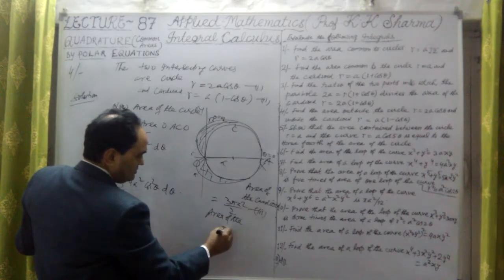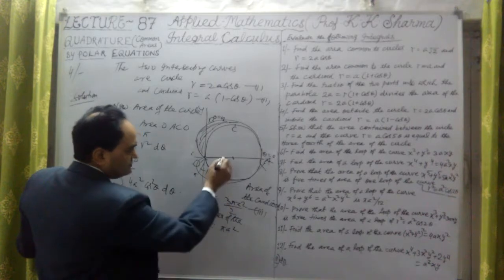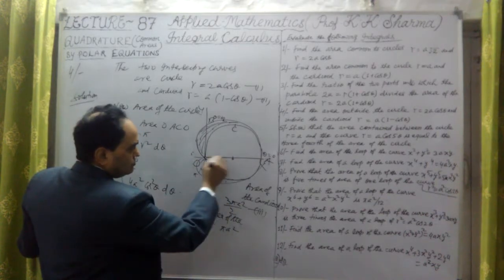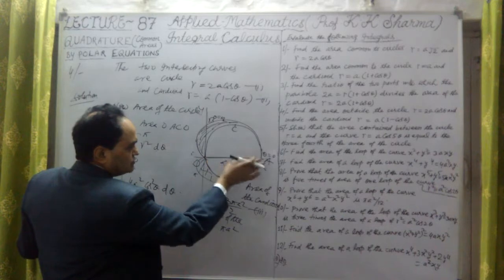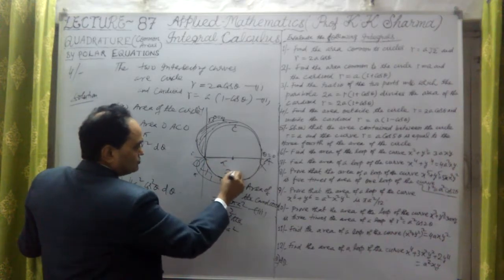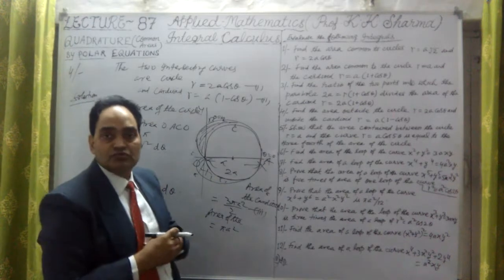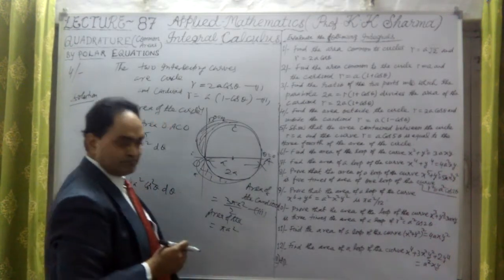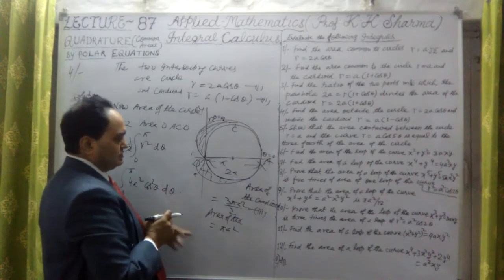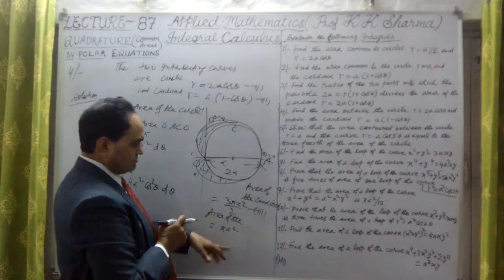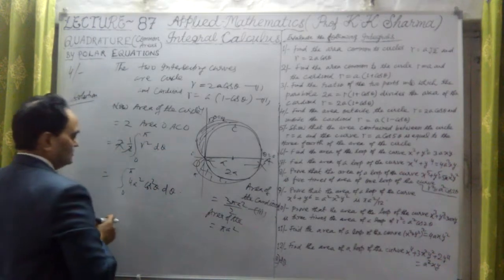We know that area is pi into radius squared, and radius is a here. Total capital R is twice a from this point to this point, and radius is a. So the area of the circle is pi a square, simple. We can just find out like this. So pi a square, minus this, minus pi a square. Total area we can calculate.